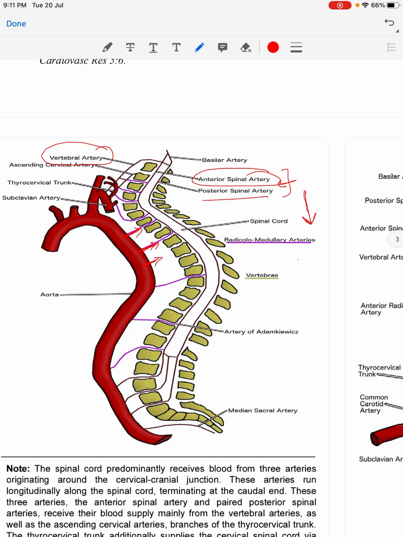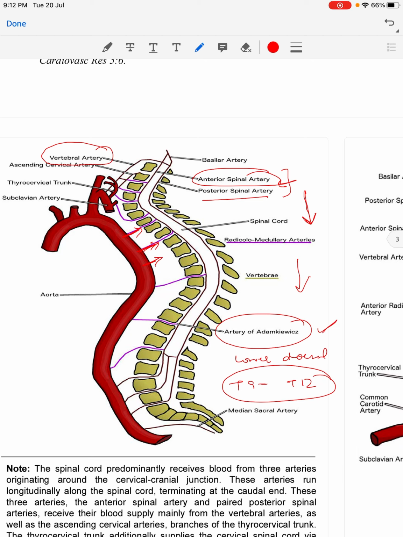As the anterior spinal artery descends downwards at the level of the lower dorsal level, most commonly at the T9 to T12 level, we have the artery of Adamkiewicz, which is a branch of the posterior intercostal artery from the aorta.